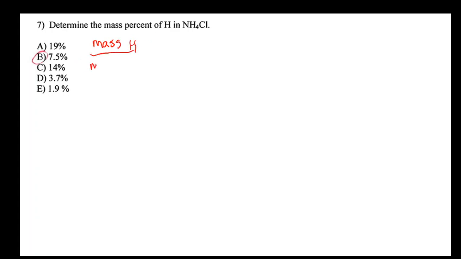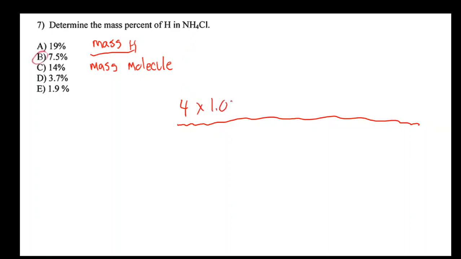So for hydrogen, we have 4 hydrogens in this total molecule here, and every hydrogen has a mass of 1.008 grams per mole. So that's going to equal roughly 4 divided by the mass of this entire molecule added up.